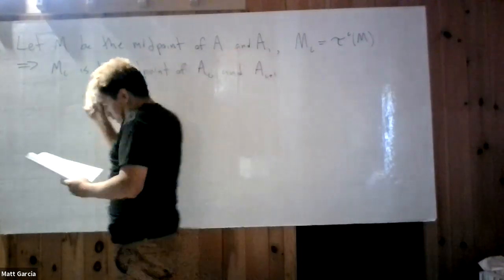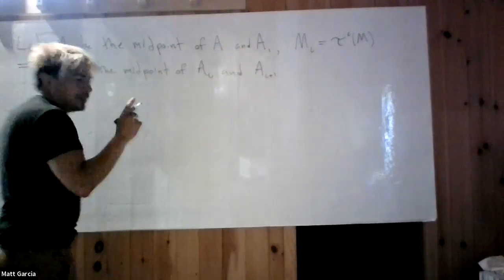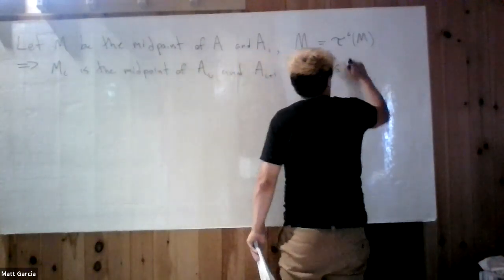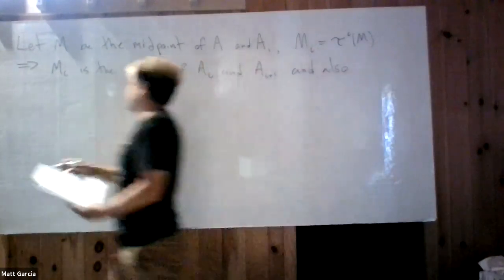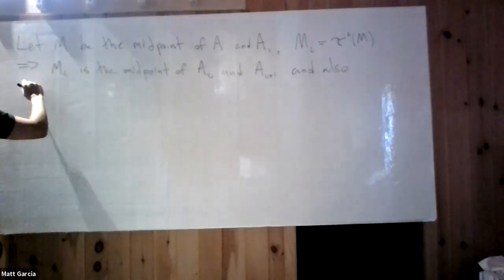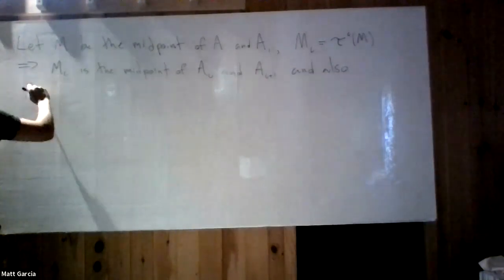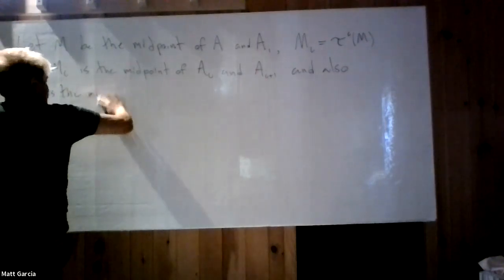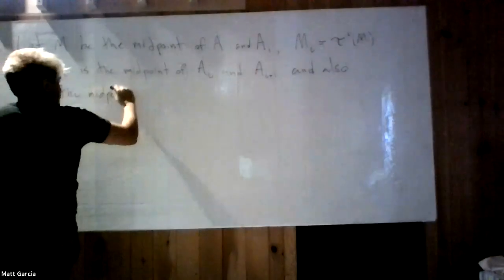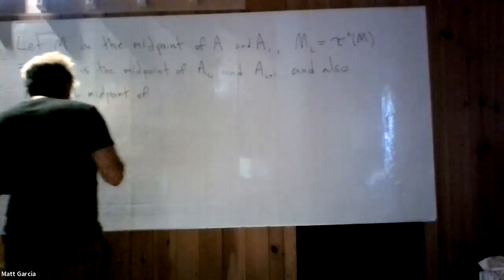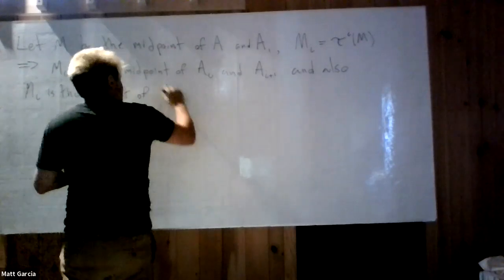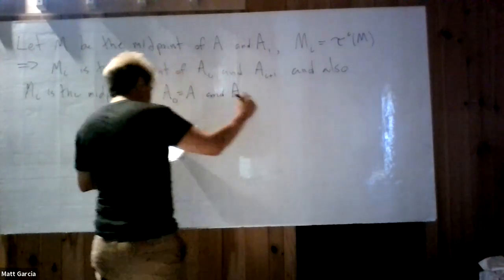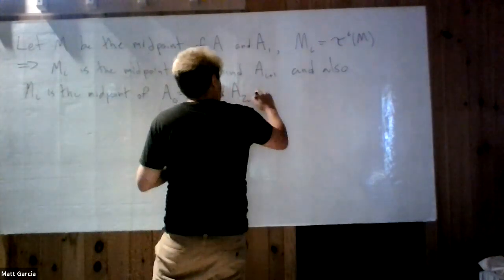But there's more. Also m sub i is the midpoint of a sub 0, i.e. A, and a sub 2i plus 1.